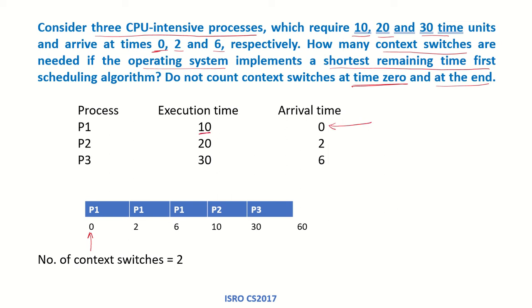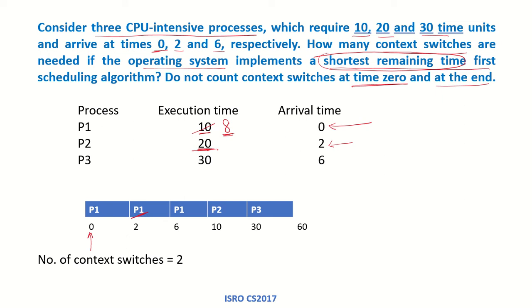It starts running and it has only run till 2 time units when process P2 arrives. In 2 time units, P1 has run for 2 time units, so only 8 are remaining. If we compare it with the execution time of P2, obviously P1 has the shortest remaining time, so P1 continues.